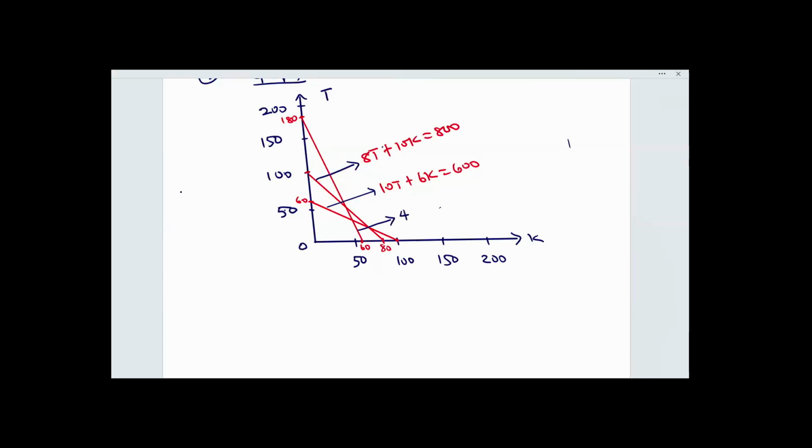So this is equation 4T plus 12K equal to 720. All right. This is, let me remove this. 10T plus 6K equal to 600. Then 8T plus 10K equal to 800.